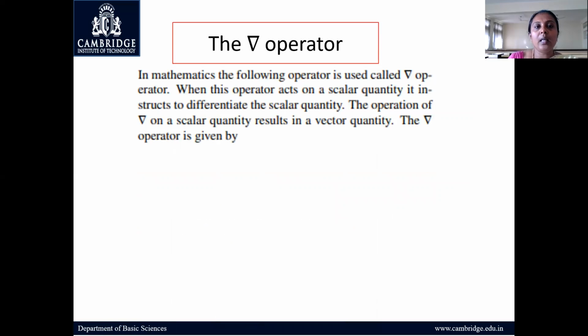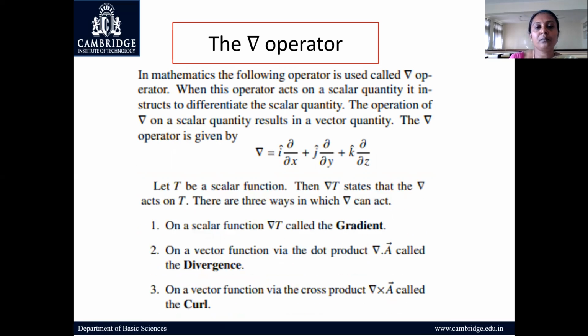So what are the del operators? The del operator can be written as i cap into dou by dou x plus j into dou by dou y plus k into dou by dou z. So this is an operation which can be applied on scalar quantities that results in a vector quantity.